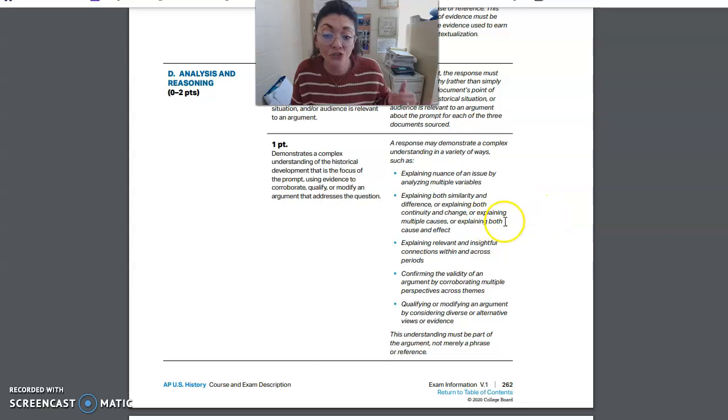Okay, so another way to earn the point: explaining both similarities and differences, or explaining both continuity and change, or explaining multiple causes, or explaining both cause and effect. So if you have a particular idea about a cause of the change or an effect of the change, maybe how progressivism was impactful during this era, the ideas of the progressive era, how that was a cause, the focus on scientific research was a really progressive era idea.